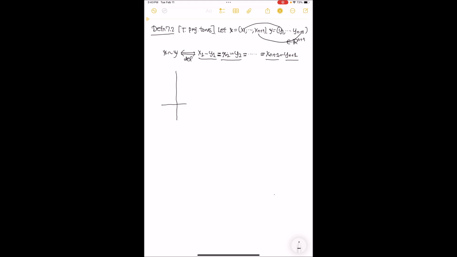If we understand that situation on the plane R^2, for convenience, I say that point is A, that is B. There is x1, x2, that is y1, y2. So the difference is x1 minus y1.